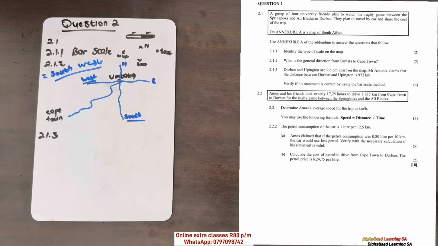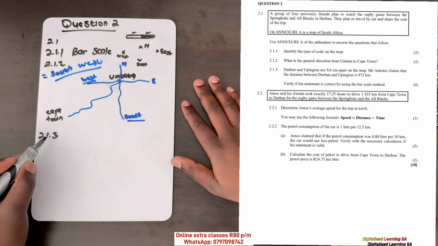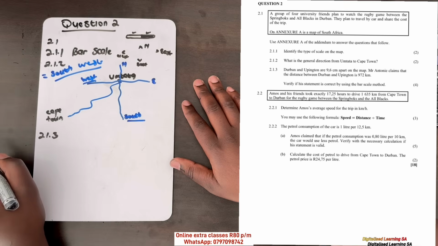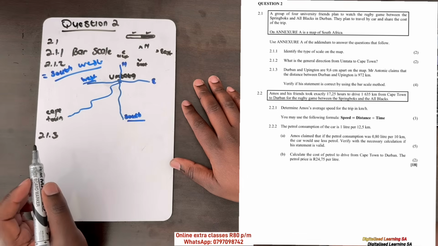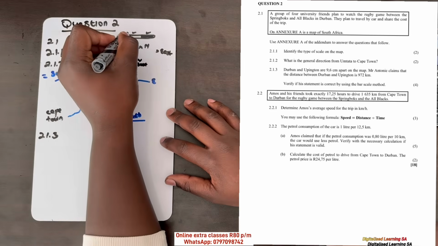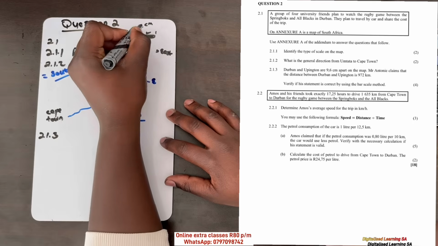Question 2.1.3 says that Durban and Upington are 9.6 centimeters apart on the map, and Mr. Anthony claims that the distance between Durban and Upington is 972 kilometers. If we place our ruler on our scale, we can see that it is 2 centimeters.